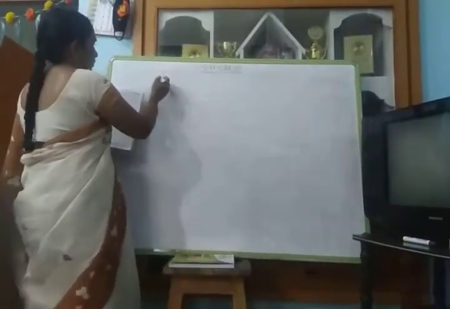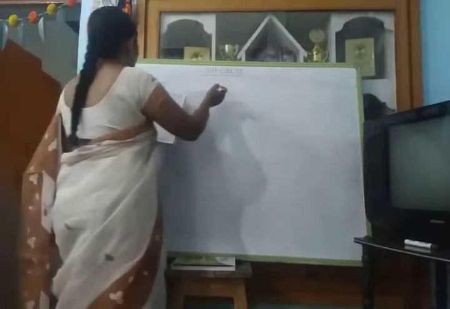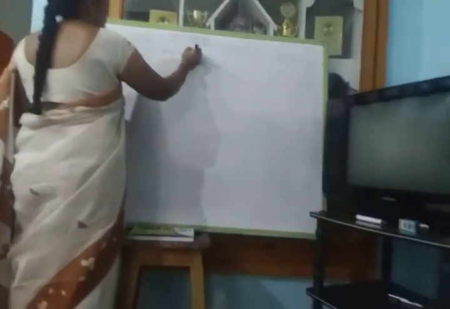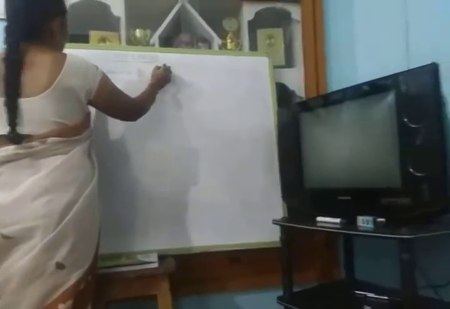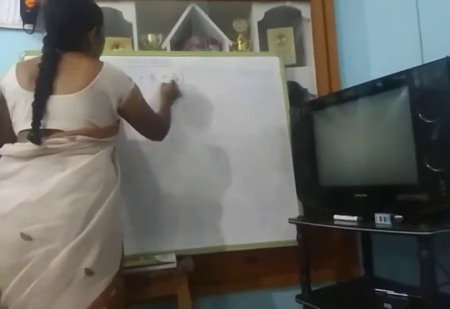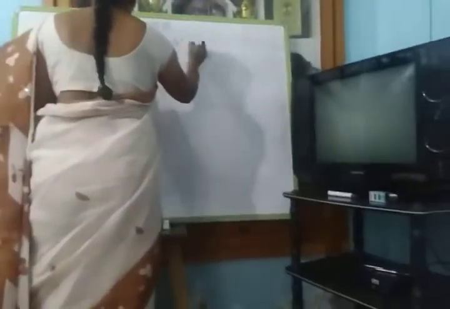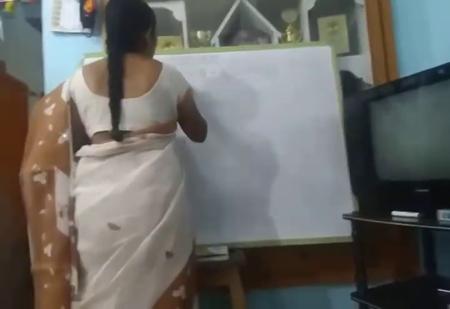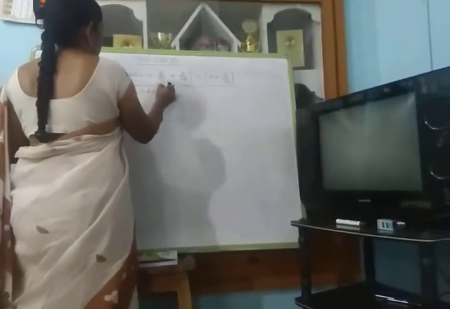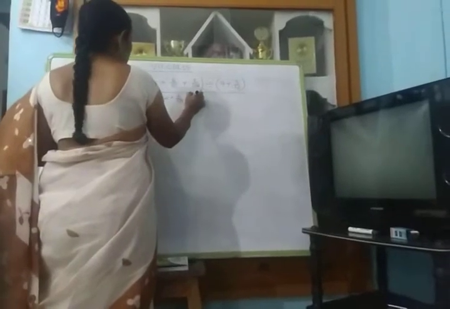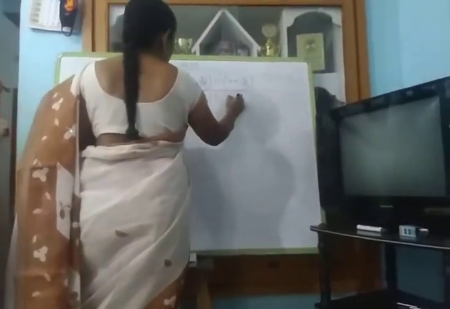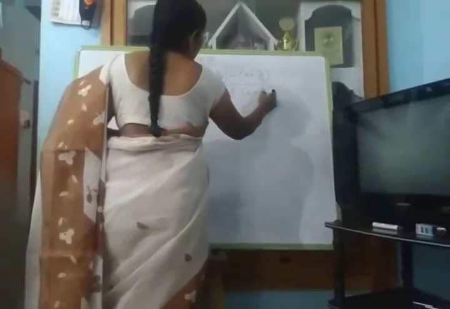Problem number 51. 30 plus 1 plus 6 by 10 plus 2 by 100, divided by 9 plus 3 by 10, all divided by 10 plus 4 plus 6 by 10 plus 2 by 100, divided by 4 plus 3 by 10.